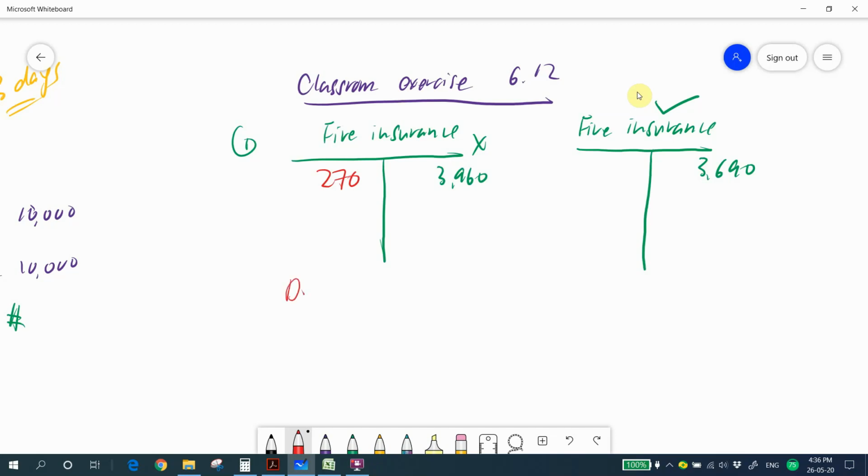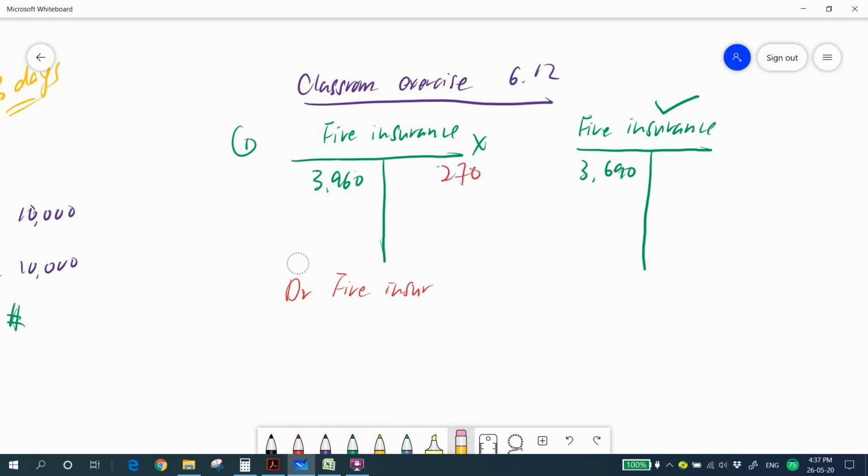we debit the fire insurance account. Oh, I think I made a mistake. Apologize. The 3,960 should show here, because the bank payment is 3,690. So the difference is 270, right? So we have to record here.